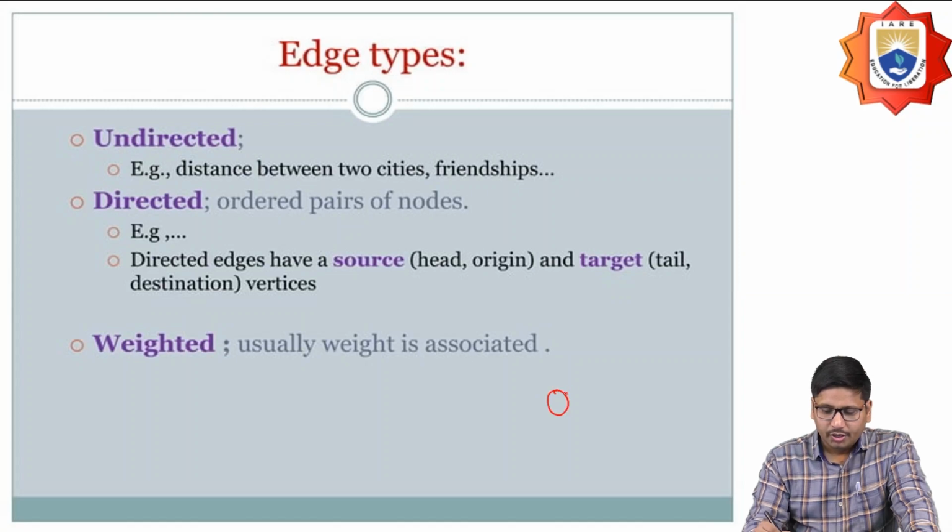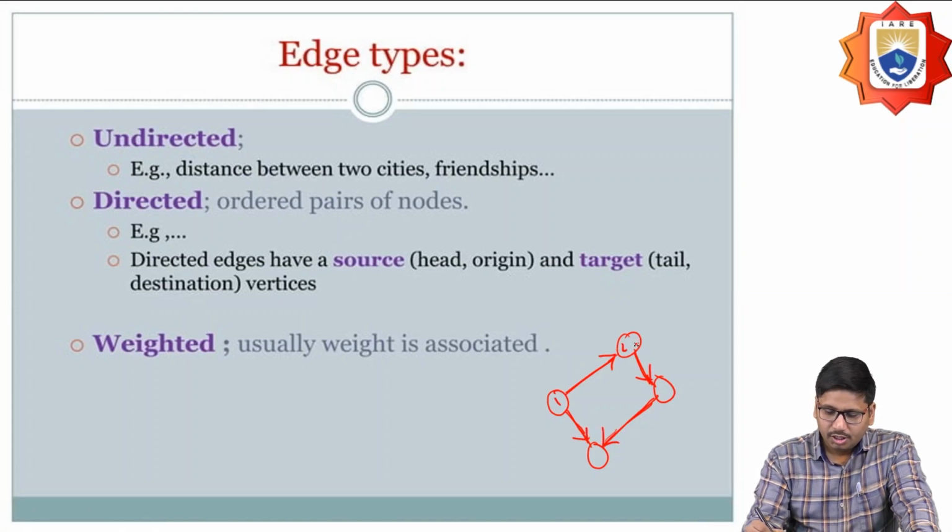So if I'm going to have a graph, these edges we call undirected edges, since there are no directions between them. And similarly, if I'm going to represent the directions here, then it should be treated as directed edges.